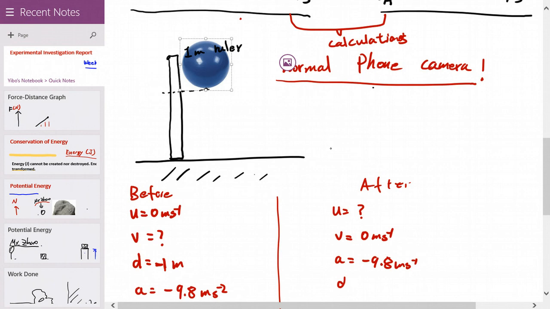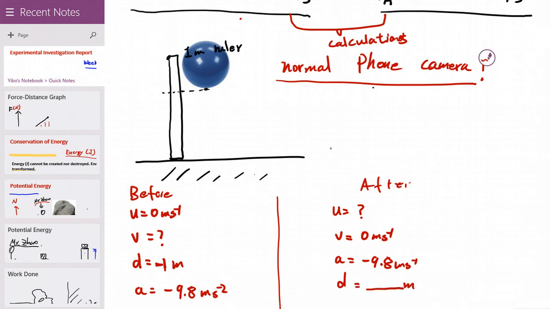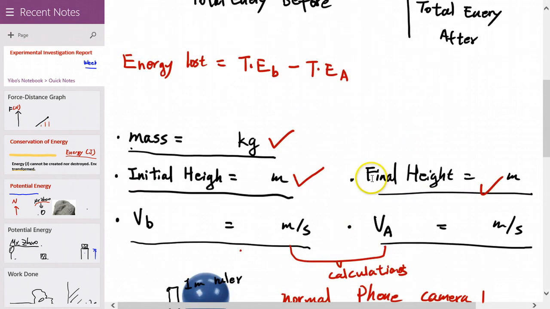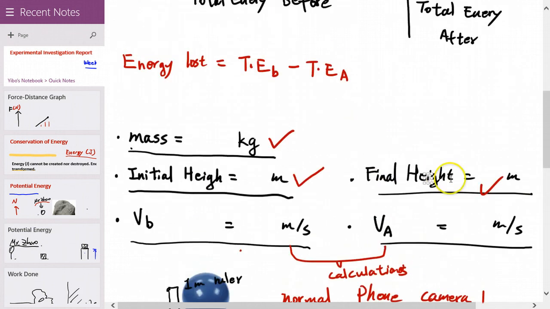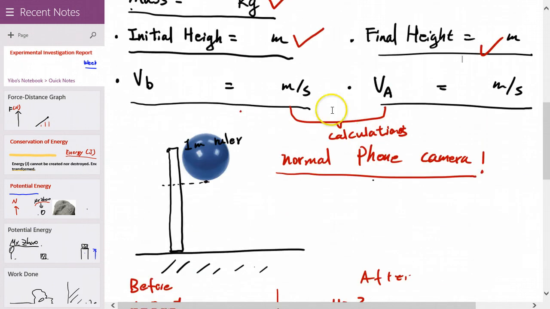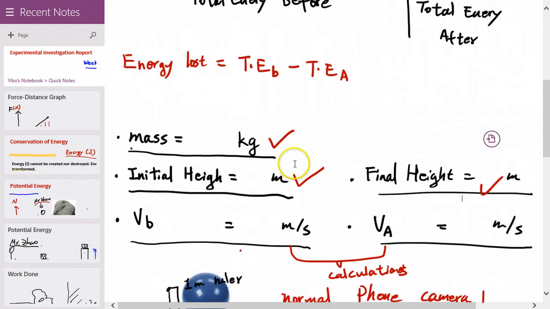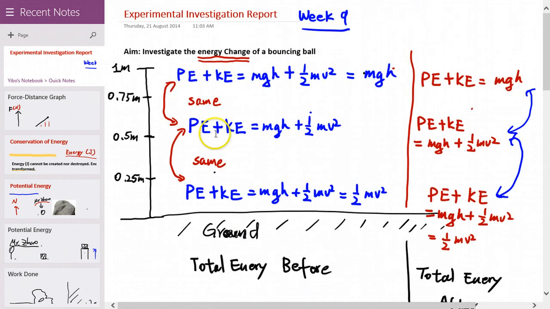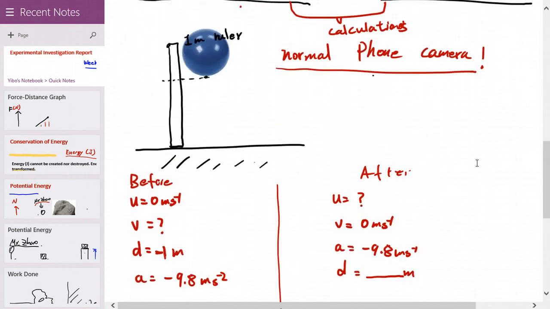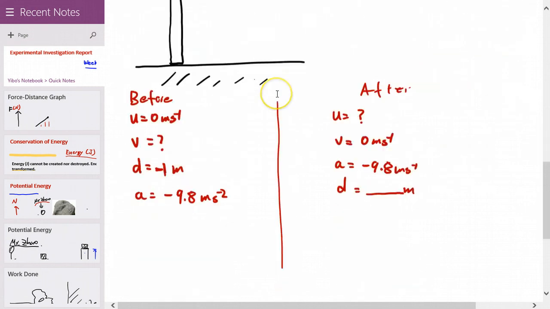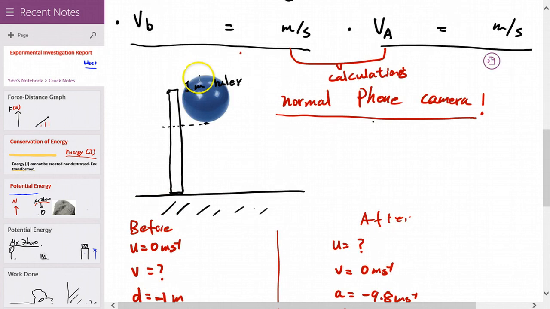We need this value, which can be measured using your camera. Then you have all the values to do the calculations. So the trick here is to use your cameras to measure the height, and then let's go through the templates now.